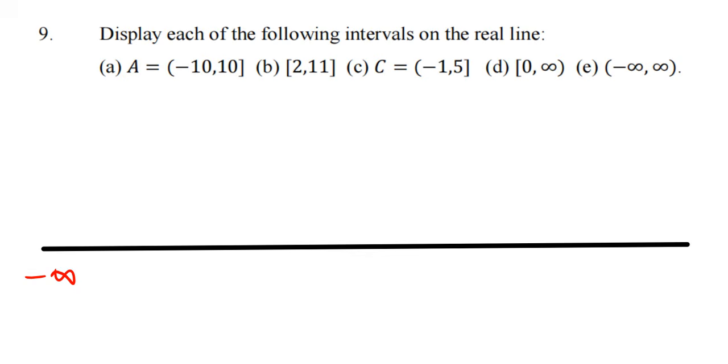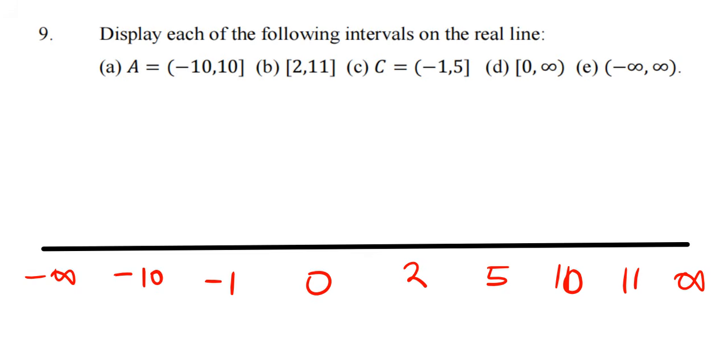We've got negative 10. We've got negative 1. Okay, I think the negatives are done. I can now start with the numbers. We've got 0. We've got a 2. We've got a 5. Let's say we've got a 10 first, then we've got an 11. Okay, then we've got positive infinity.